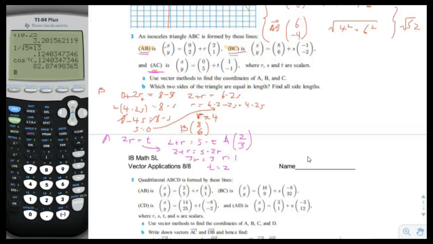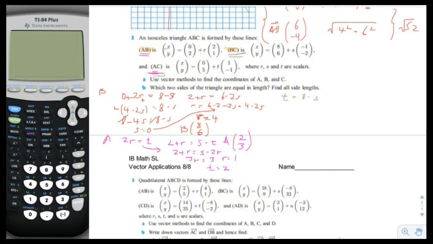So for C, we're going to look at that equation and this equation. So let's see, AC says that the x-coordinate is t, and BC says that the x-coordinate is 8 minus s. And then for the y-coordinate, I'll write it here.